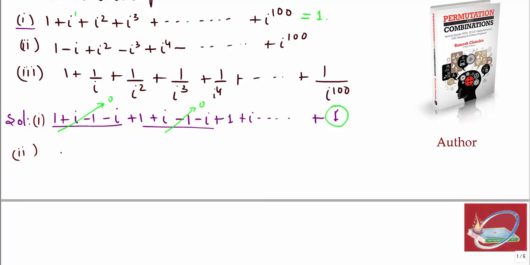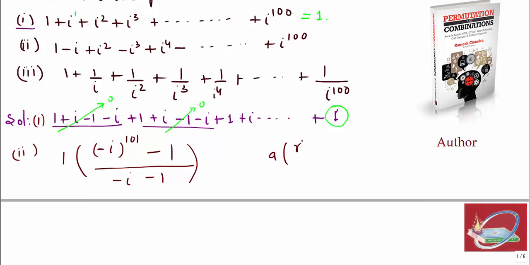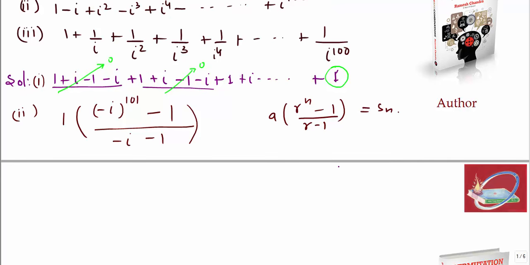So this can be written as 1 times minus I to the power 101 minus 1 upon minus I minus 1. This is the formula for the sum of n terms of a GP, that is a times r to the power n minus 1 upon r minus 1, that is Sn, the sum of n terms of a GP formula.